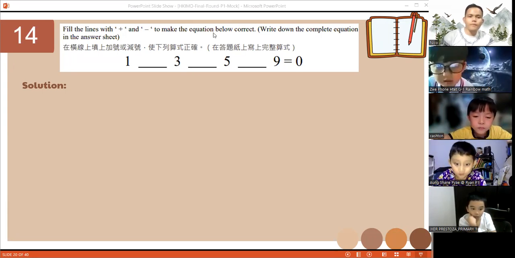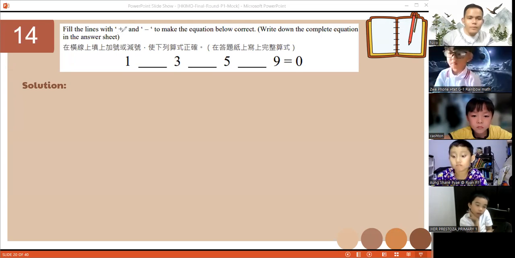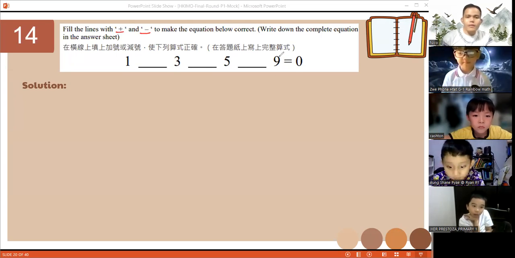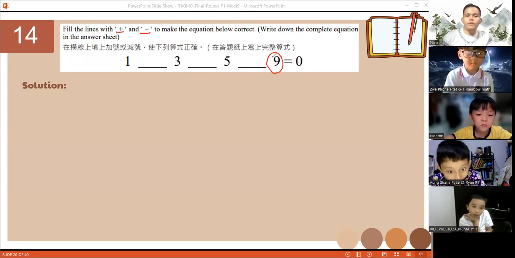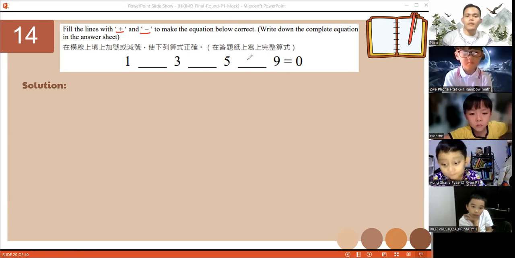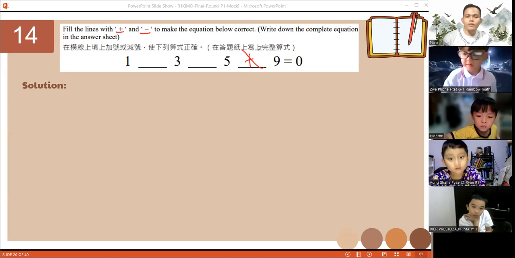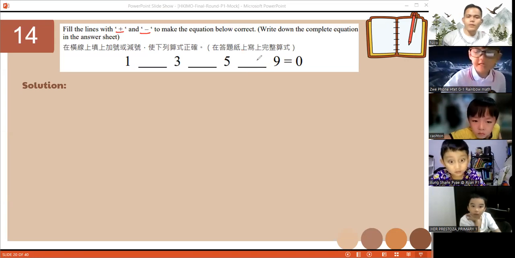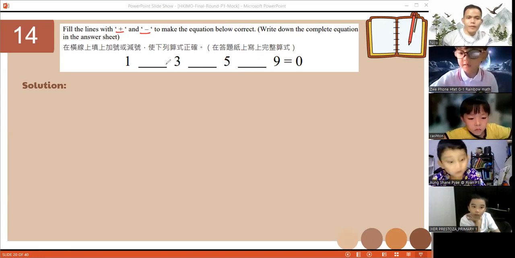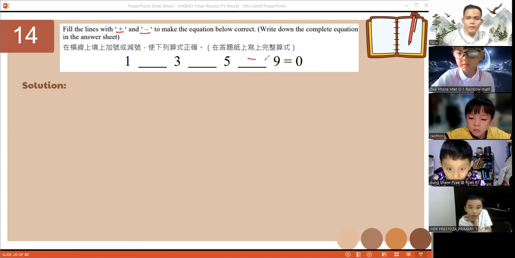Now, this one is plus and minus, right? This is a very big number. So automatically, we don't put plus in here, because if you put plus in here, that would be very wrong. That's already too big. This one is automatically minus.